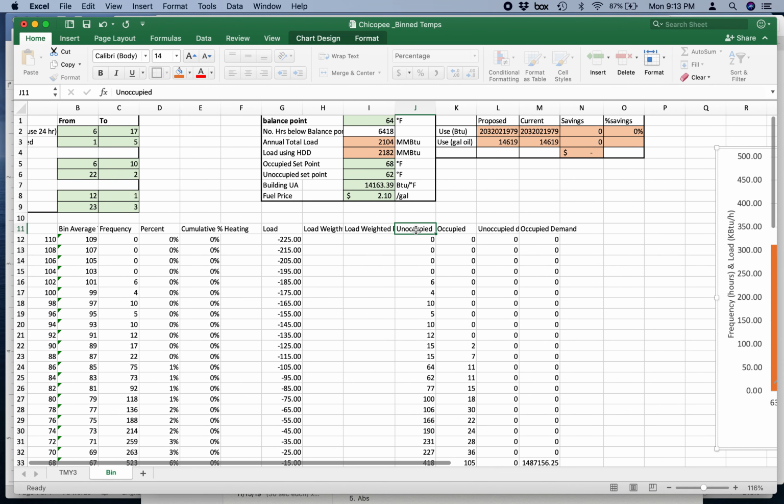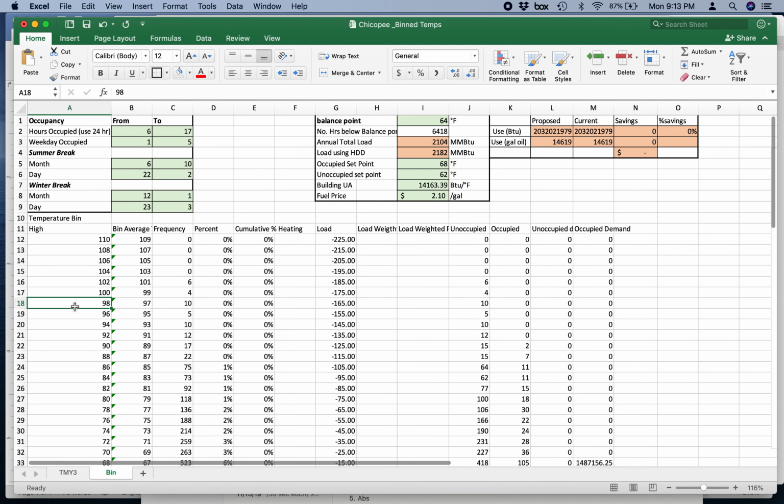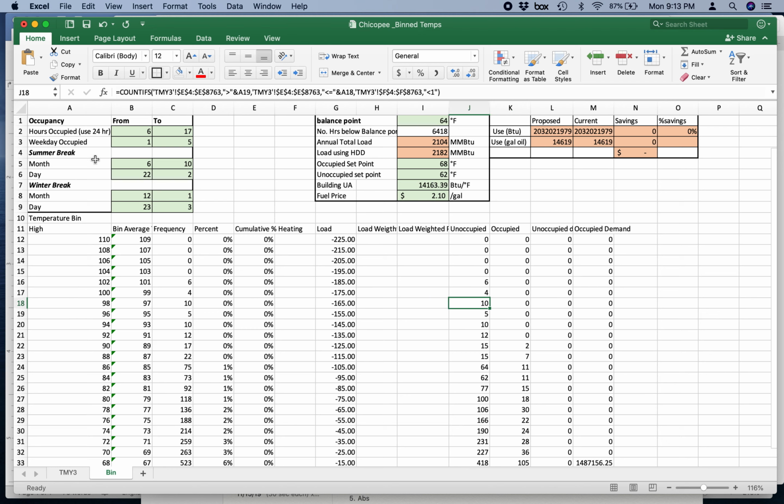occupied and unoccupied. So here, now instead of just counting the frequency of the total number of hours that we experience these average temperatures, or the temperatures between these two things, we can actually go back to the other sheet and say, well, actually, for the unoccupied, only count them if they're between these two temperatures and it's occupied.